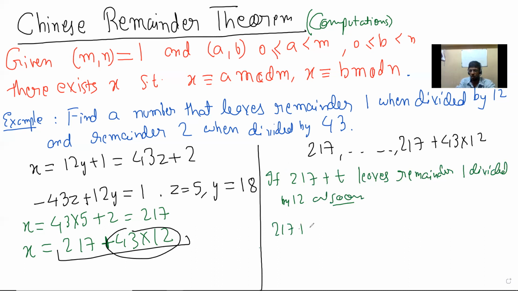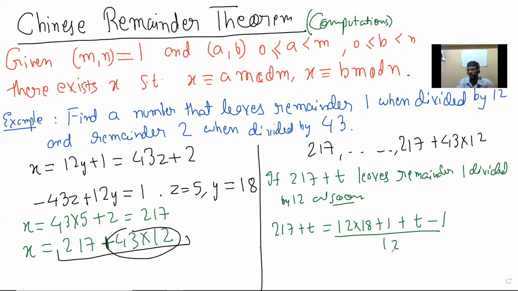So 217 plus t is equal to, we already know that 217 leaves the remainder 1, so that is 12 times something plus 1, where the quotient is not important. So 12 times the quotient plus 1 plus t leaves the remainder 1 when divided by 12, which means that this minus 1 should be divisible by 12.